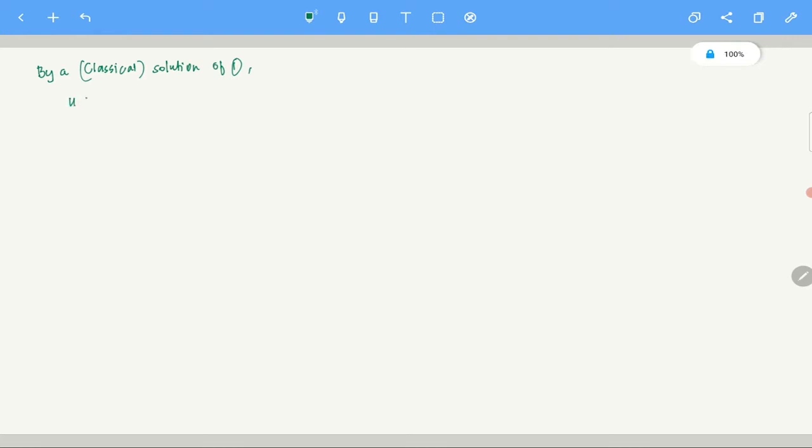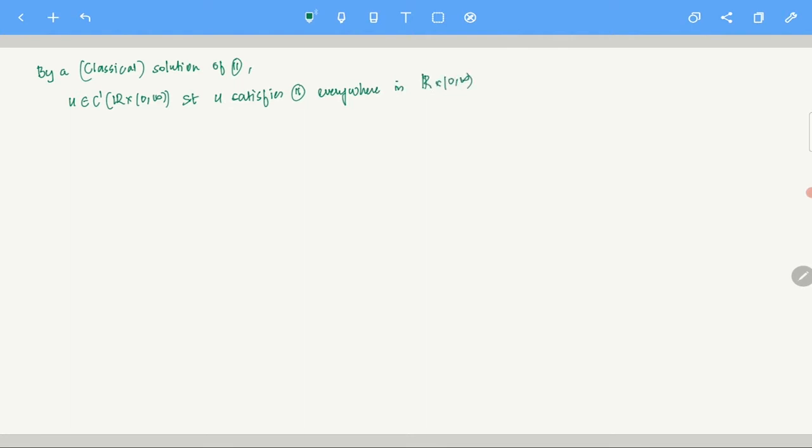It means that u is in C2 of R cross (0, infinity), such that u satisfies (2) true everywhere in R cross (0, infinity). That's the natural thing to say.